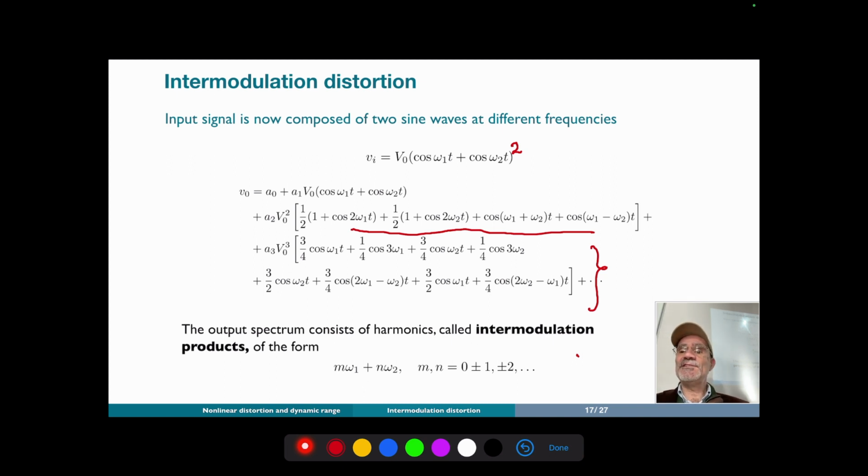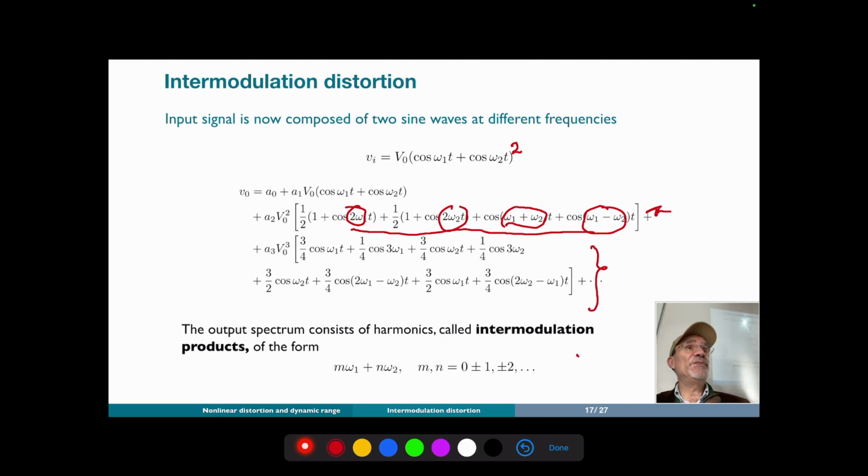And what we see is that the second order term has twice omega 1, twice omega 2, and then there are two important terms here, which are the sum of the two frequencies, omega 1 plus omega 2, and the difference frequency, omega 1 minus omega 2.